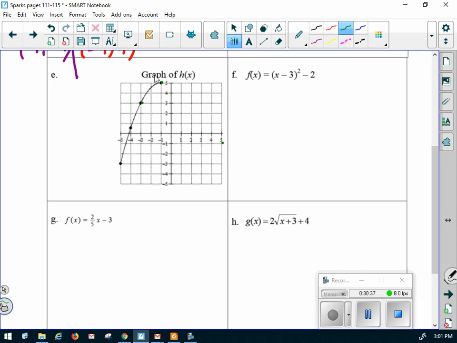Negative 3, 3. So what point is on the inverse? You got the idea? Negative 4, 1/2. So what's 1/2, negative 4? Negative 5, negative 3. So negative 3, negative 5. And there is your inverse.